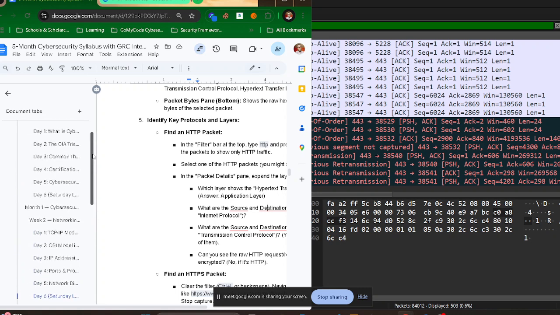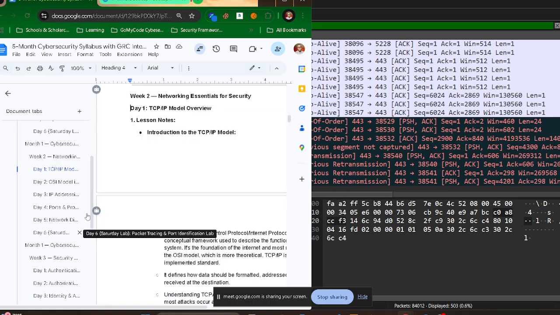So the TCP that I said is week two. This is the TCP/IP. Can you see my screen? So TCP/IP, this is day one. Then OSI model, day two. So if you go to this TCP, you see all the layers there.